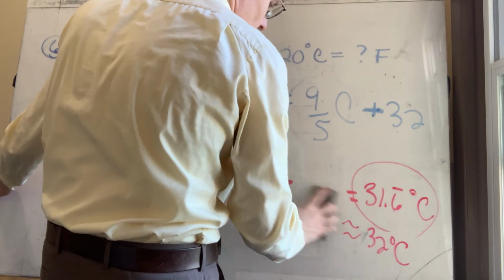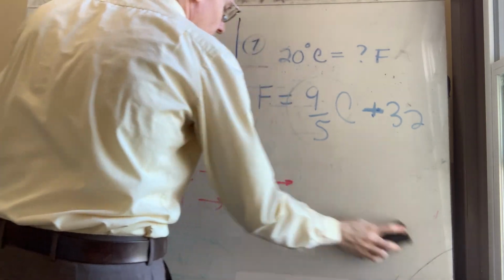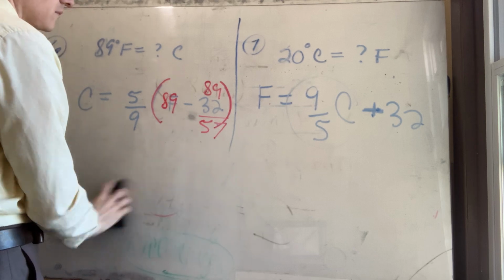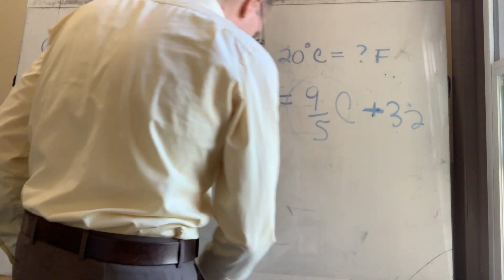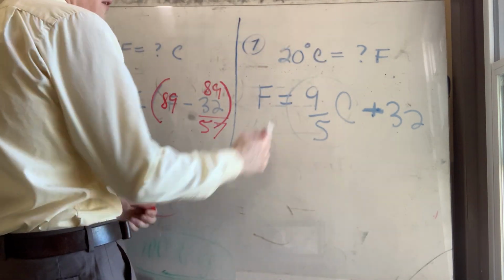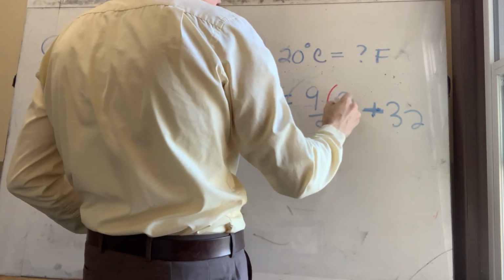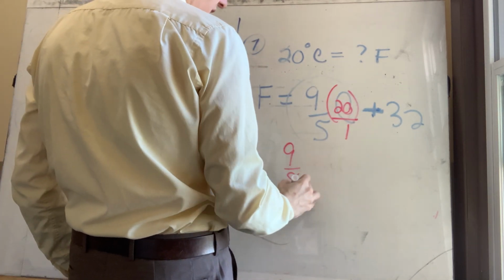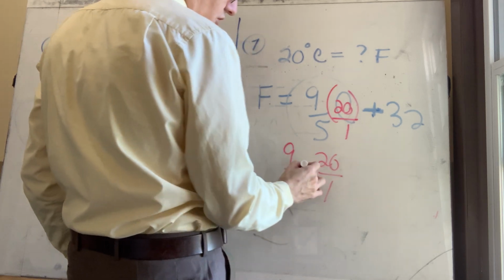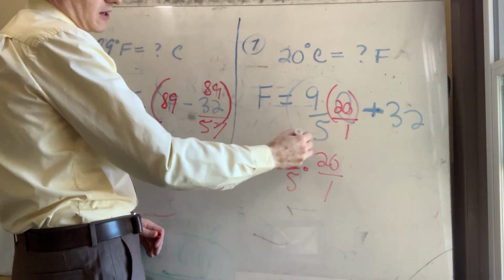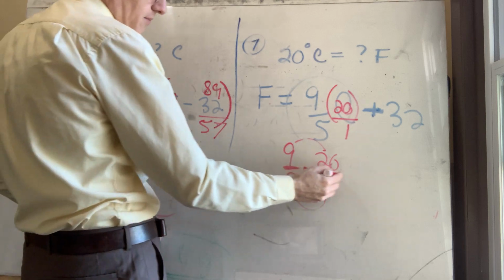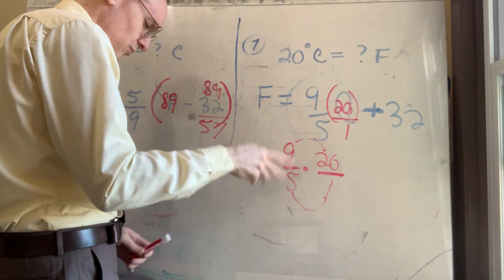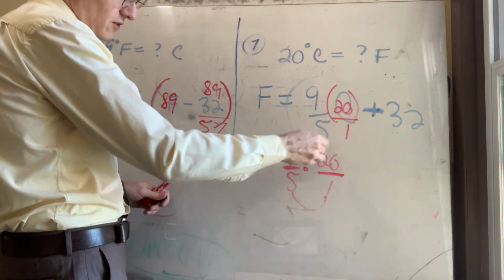So, just to get this out of the way, plug in the value given, 20, which makes this really 9 over 5 times 20 over 1. You could just simply do top times top and bottom times bottom, but it might be more strategic if you're doing this somewhat by hand to cross simplify.